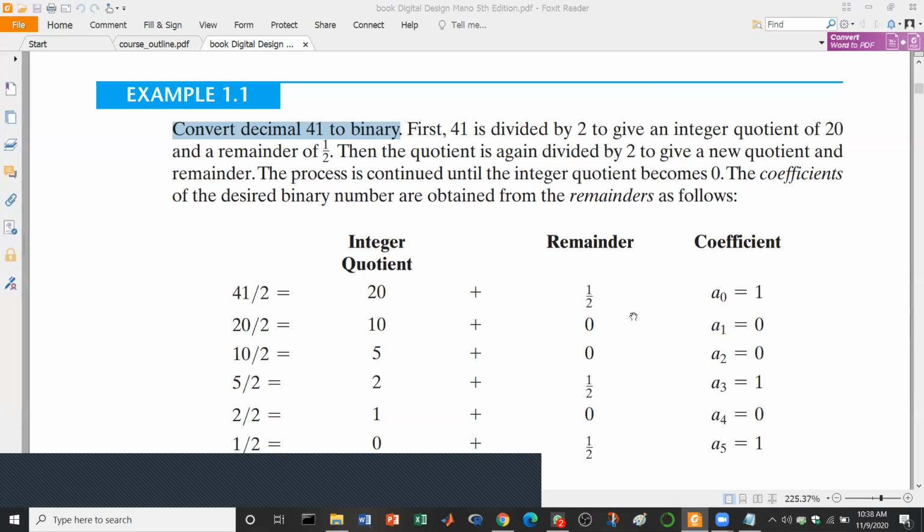The method is very simple, and I'm sure it is in elementary level mathematics books, the base 2 conversion. We simply put 41 and divide it by 2, because our task is to convert into binary, and binary numbers have two binary digits.